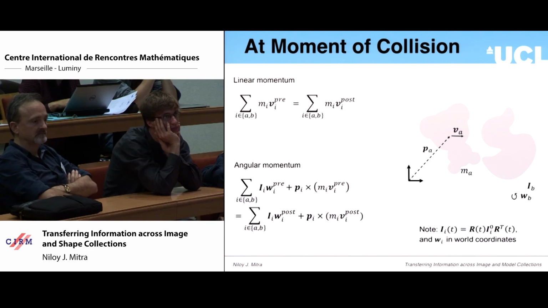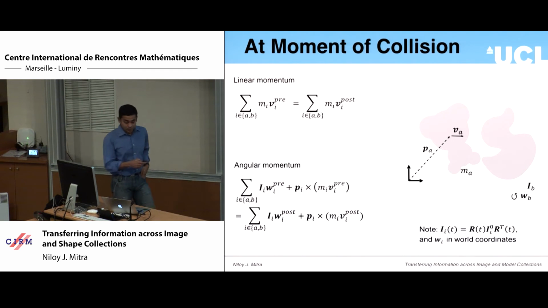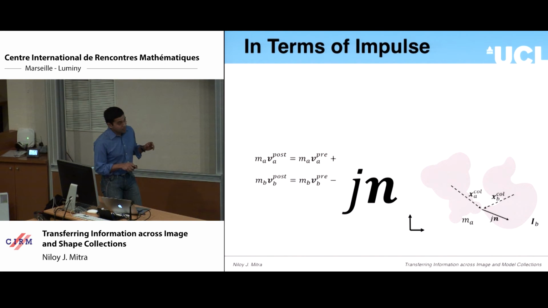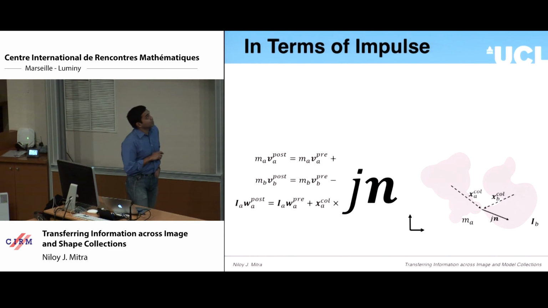Okay, there is one final thing, which is energy is not created. That with energy before and after will be good. So the after energy will be less. Okay. So this you can write in a classical way in terms of impulse, which is this Jn, and that's the main thing you need to know.